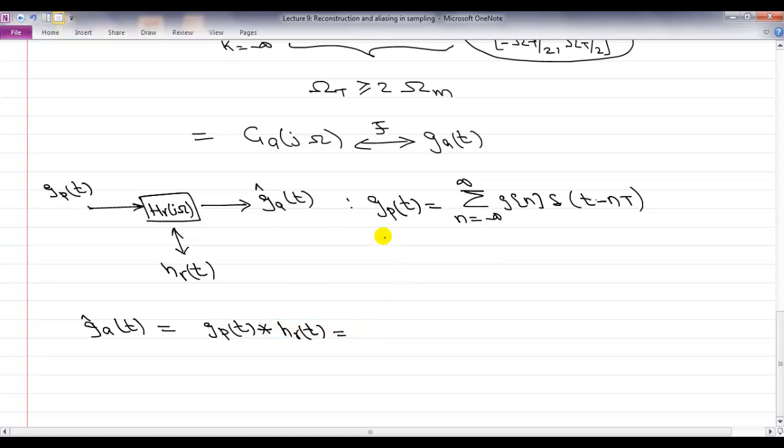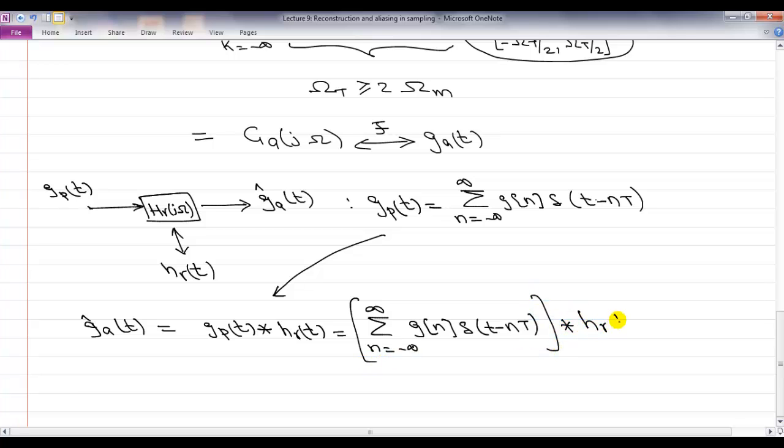I'll just plug in the value of G_P of t, so I get summation over n from minus infinity to infinity of G of n, delta of t minus nT, convolved with H_R of t. Now convolution is linear, so I can take it inside the summation.